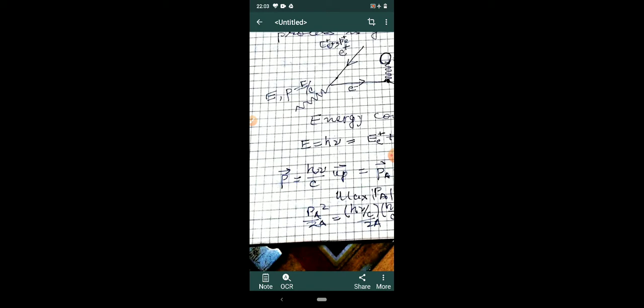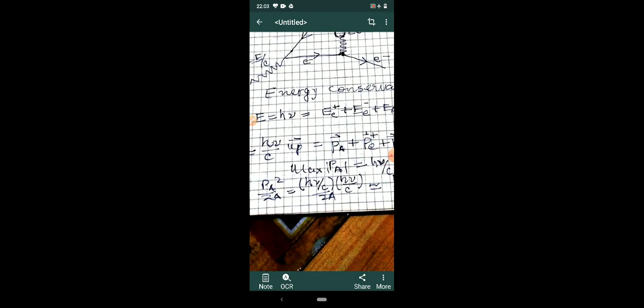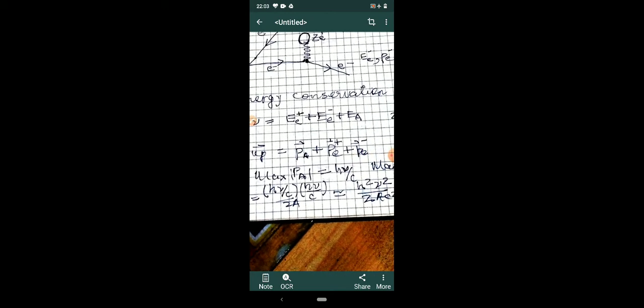Now in the next step, let us see what is the maximum possibility of the momentum of the nucleus. Because it is a three-body process in the normal case, the maximum momentum that it can have is equal to the momentum of the incoming photon.